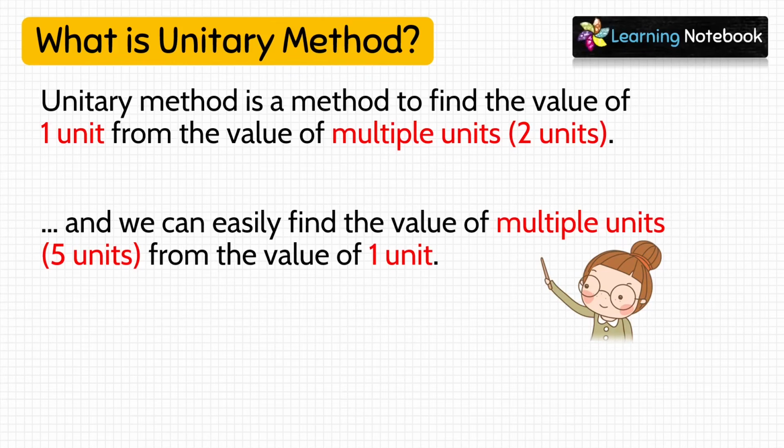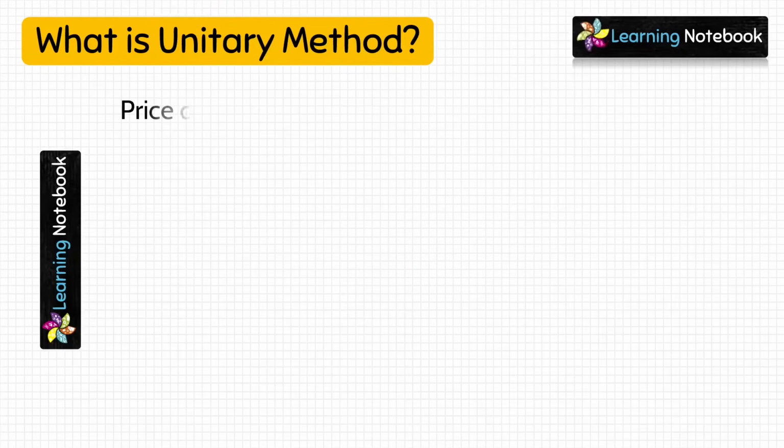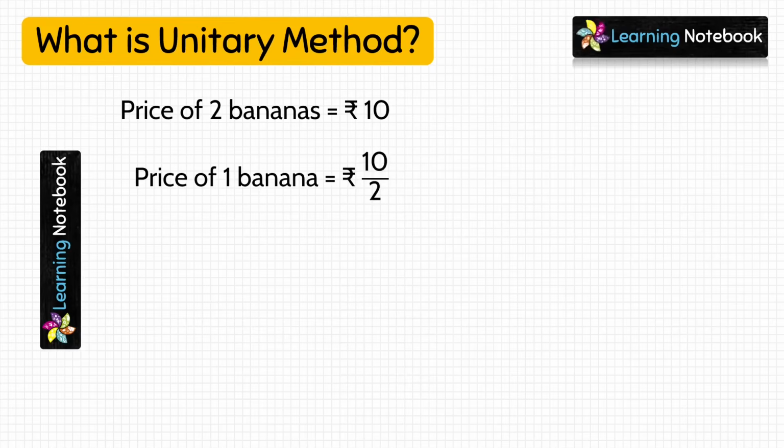Now let's take an example to understand more about unitary method. Let's say the price of 2 bananas equals rupees 10. So the price of 1 banana would be 10 divided by 2, which equals rupees 5. So we have got the price of 1 banana.